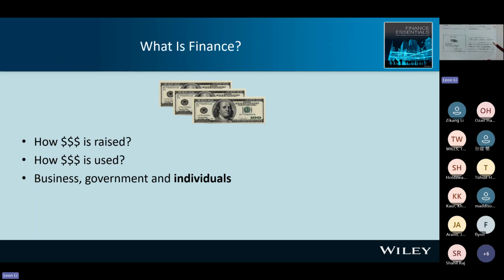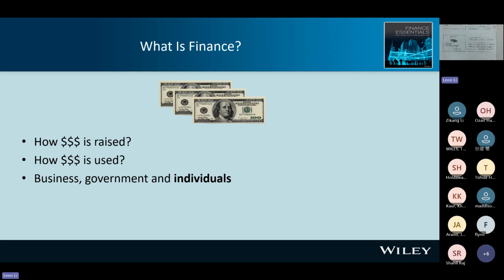But for me, education is also a finance decision. For your education, how do you raise your money, use debt or use your equity, your own money, and how is the money used, which subject you like to major in? You want to major in accounting, finance, economics, or management?